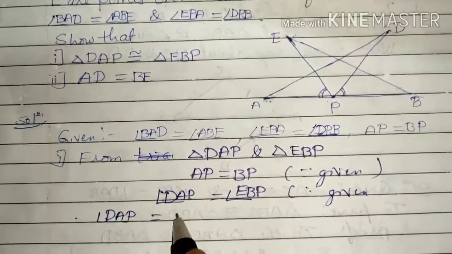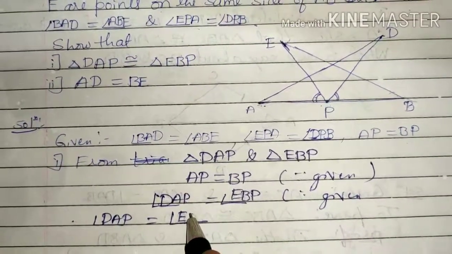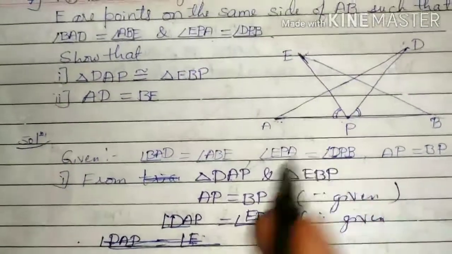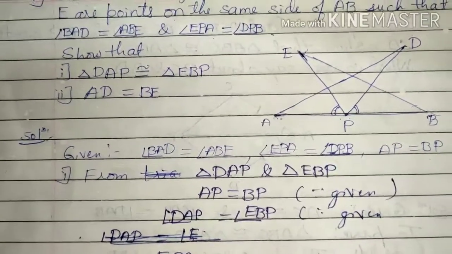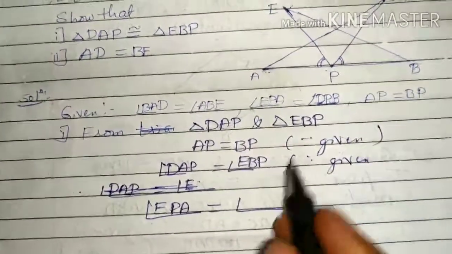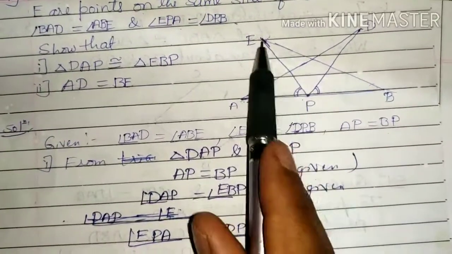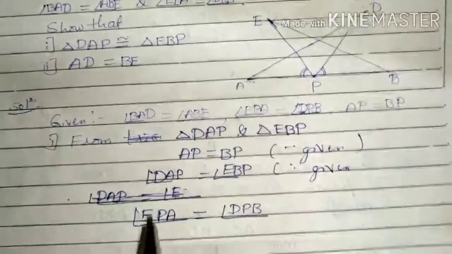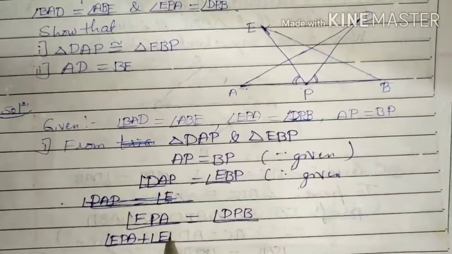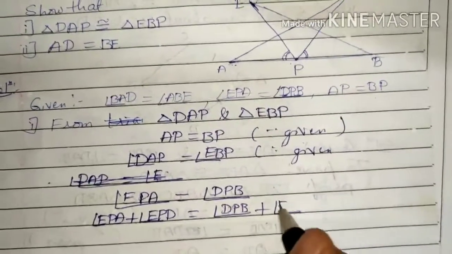So now what we will do is, given that these two angles are equal, angle EPA is equal to angle DPB. Now this angle, if I consider, is EPD. Adding angle EPD on both sides, EPA as it is plus angle EPD is equal to angle DPB same plus angle EPD.